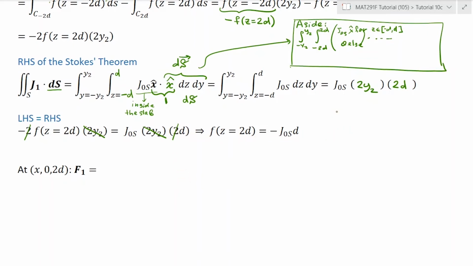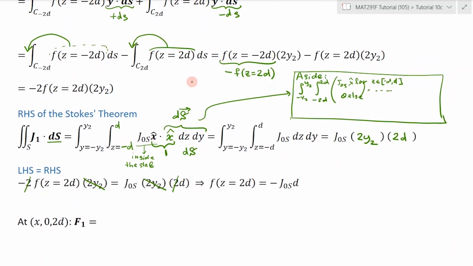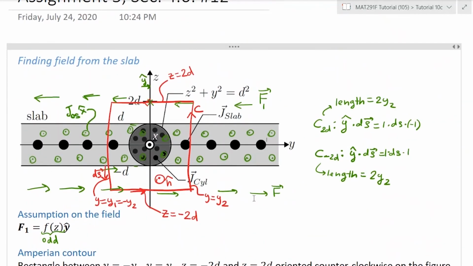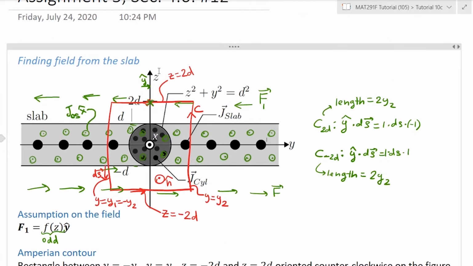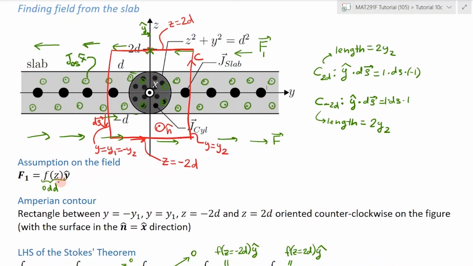So now we have the y component at this height, everywhere on this height, which lets us find the field at this point. We can use this expression that we have.